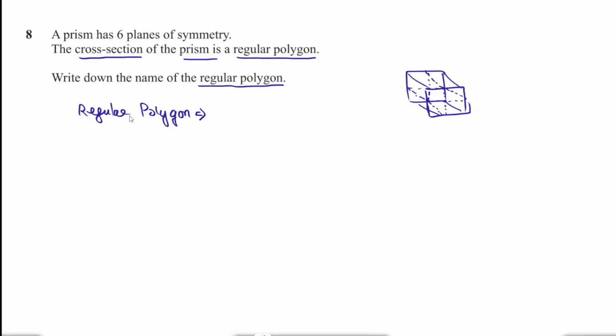So if it has 4 sides, then it has 4 lines of symmetry. If it has 5 sides, then it has 5 lines of symmetry, a pentagon for example. If it has 10 sides, then 10 lines of symmetry. For a regular polygon, if it has n sides, then it has n lines of symmetry. That is generally said.